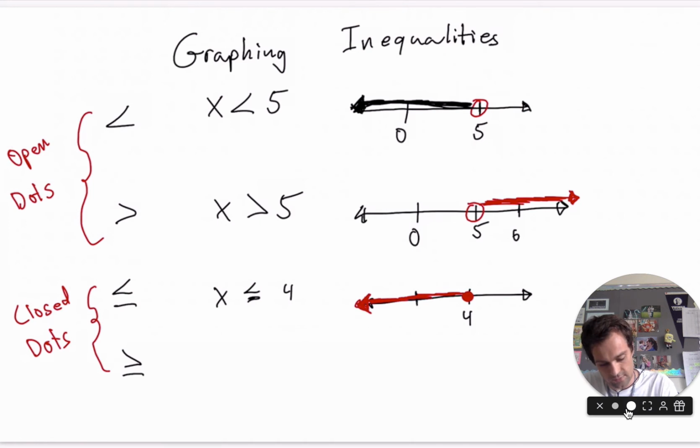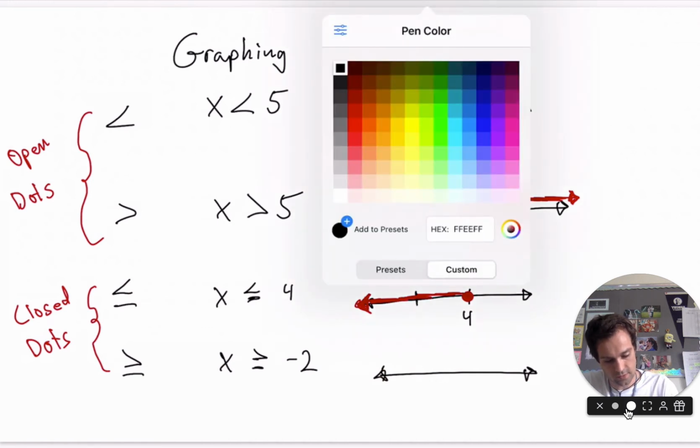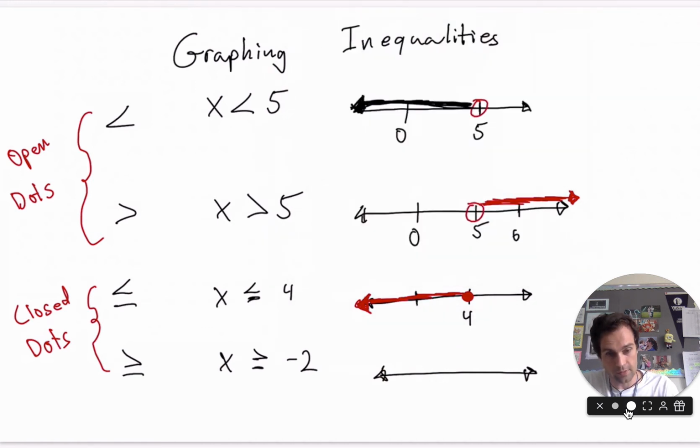And if we have x is greater than or equal to, let's say, -2, so we're at 0, at -2 here. That would be a closed dot, and we're saying x is bigger than that, so it is everything to the right.